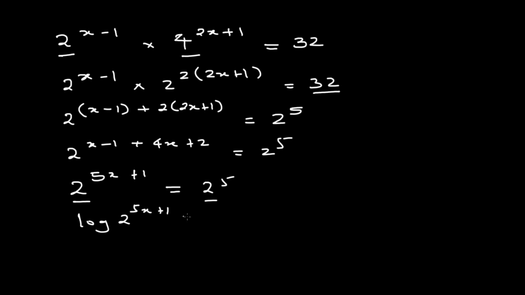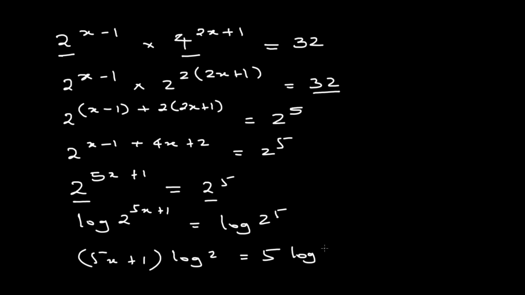So log 2^(5x plus 1) is equal to log 2^5. Then this comes down. Then we have (5x plus 1) log 2 is equal to 5 log 2.